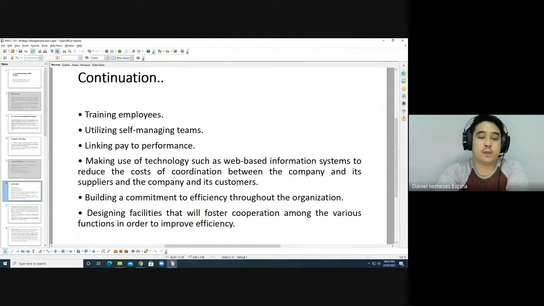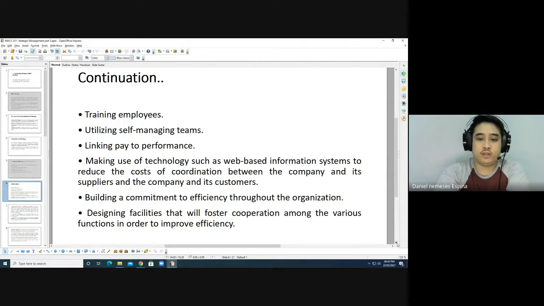Appeal na po dito ang implementation sa mga accounting softwares and the SAP or the Enterprise Resource Planning to reduce the cost of coordination and increase the communication, both inside and outside the organization.